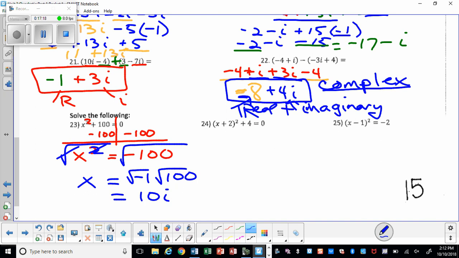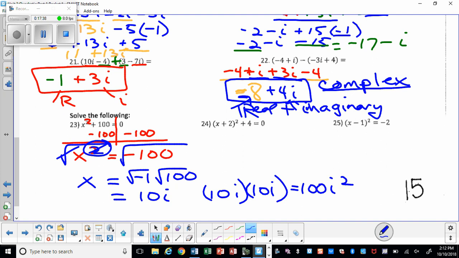Now, if you have a quadratic, there's always two answers. All right, there are two solutions. You could have positive 10i, right? If I take 10i times 10i, that's going to be 100i squared.